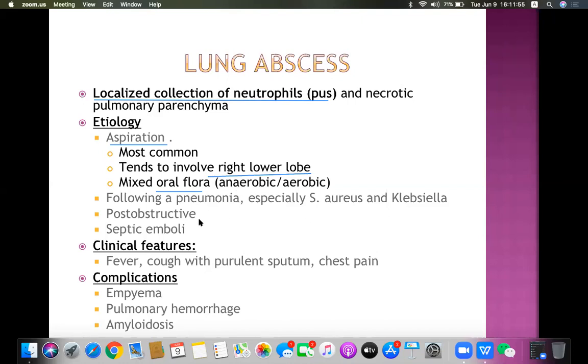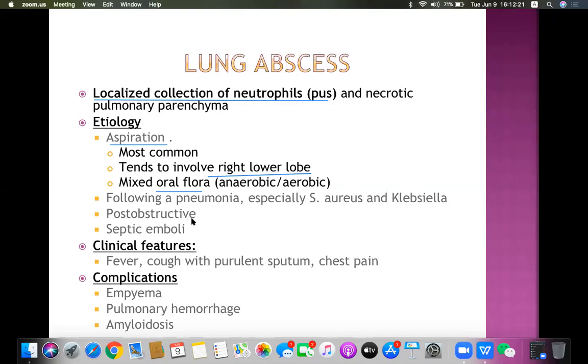Now, they usually occur from very typical complicated types of pneumonia like Staphylococcus aureus and Klebsiella pneumonia, which are considered more complicated types of pneumonia than others. Okay, and they can quickly worsen into lung abscess.